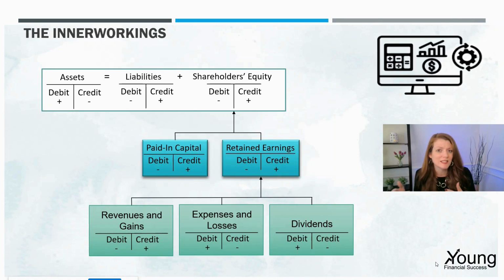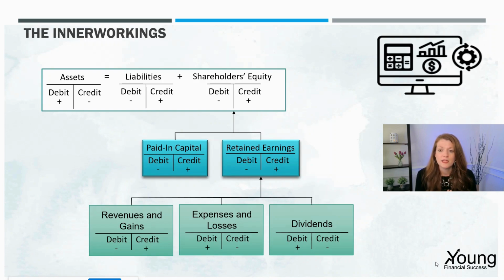If we had to pay a bunch of employees this year, that's a lot of expenses that decrease equity. So if we're decreasing equity, we would debit. We debit expenses, losses, and dividends because with dividends, yes, we've got profit, but then we share it with our shareholders. I understand this part can be really tricky.